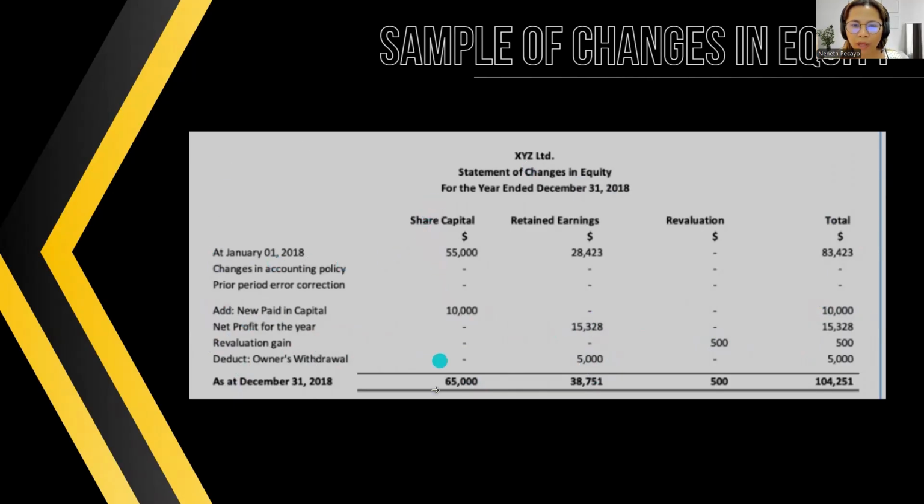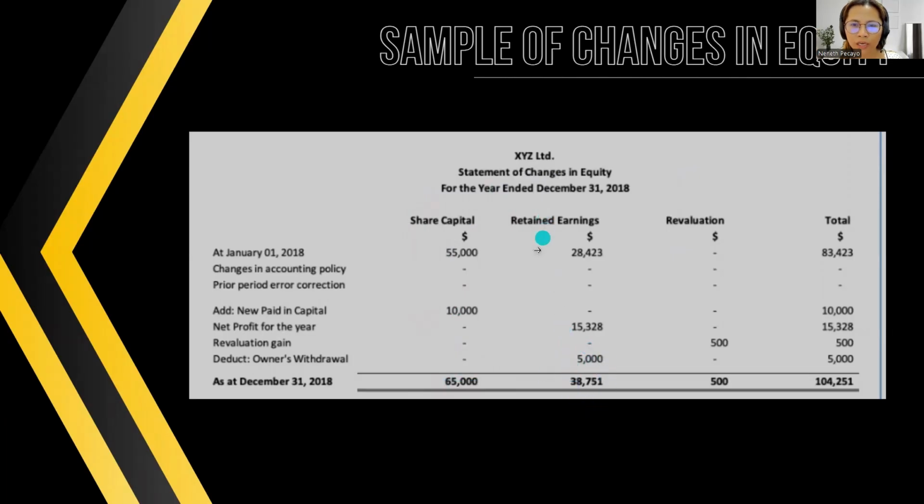Why is there a column here? Because if you compute the share capital, this is the beginning, this is the new paid in capital, and if someone asks how much the share capital for the period is, it is this 65,000. Retained earnings is 38,000.